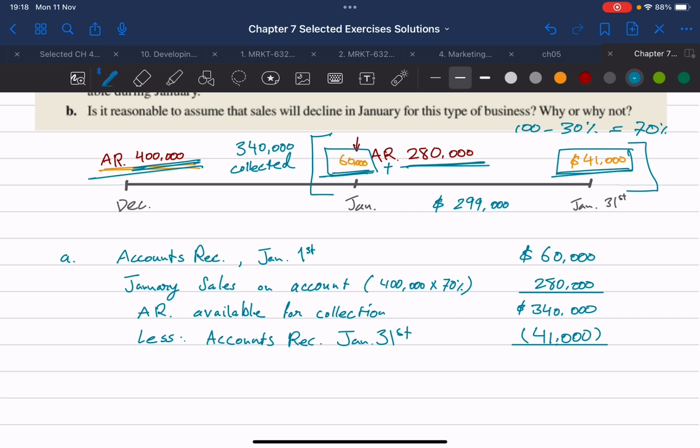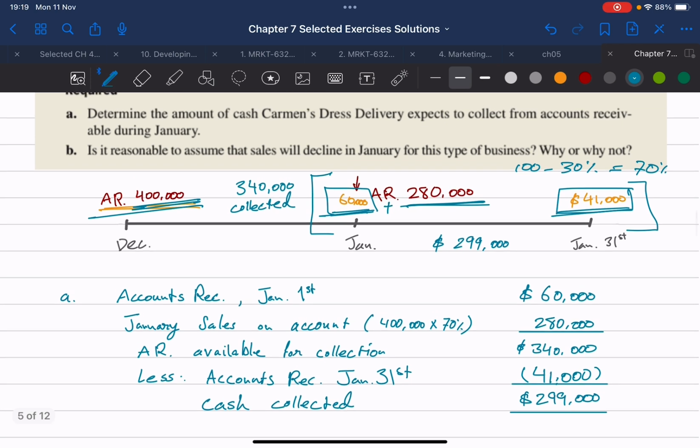From here we can know how much was actually collected. So we'll say total cash collected is going to be 340,000 minus 41,000, and that's $299,000. Okay, and that is the answer to part A.